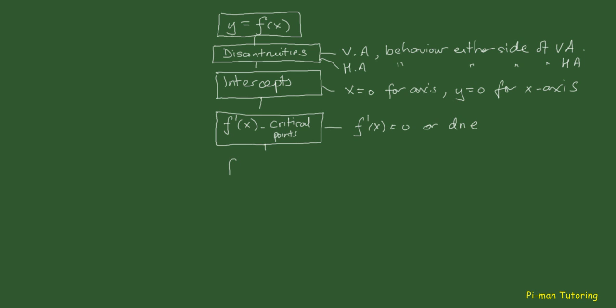And we can also do f double dashed of x, and look for where f double dashed of x is 0 or does not exist. Once we have that, we make the strip table.